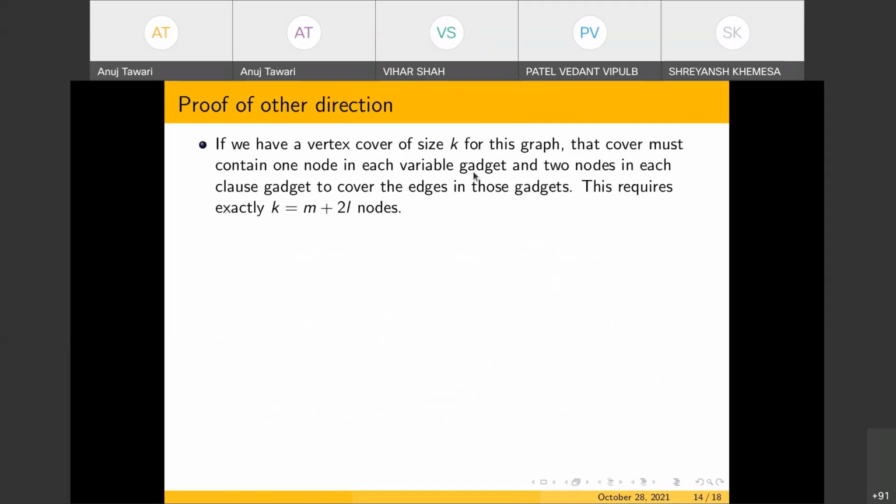The variable gadget is just an edge from x to x bar for every variable, so at least one of those nodes has to be there, and two nodes have to be there in the triangles, which is the clause gadget, to cover the edges in those gadgets. So totally we will need m plus 2l, where m is the number of variables and l is the number of clauses.